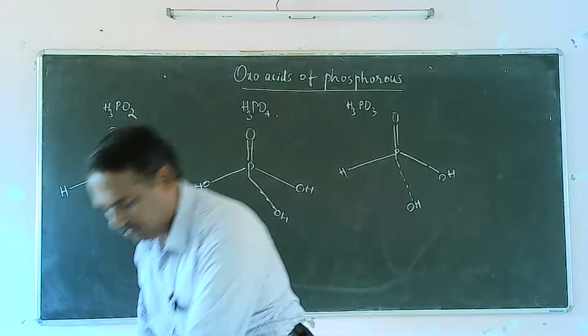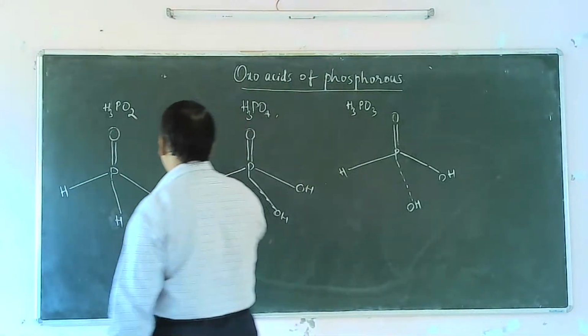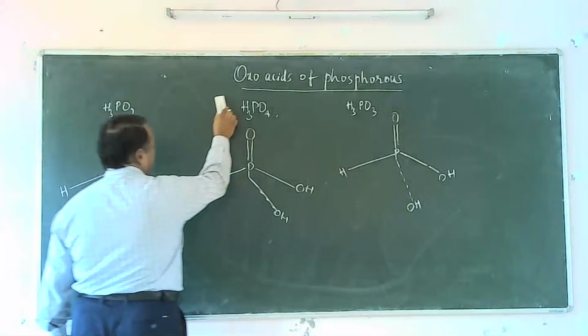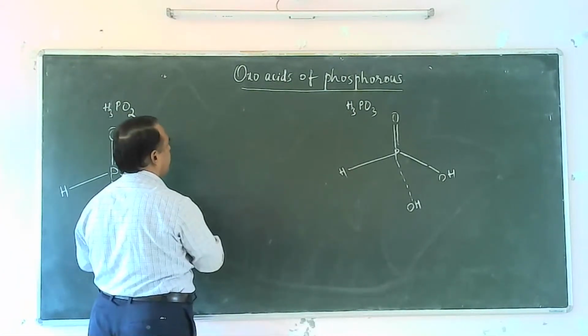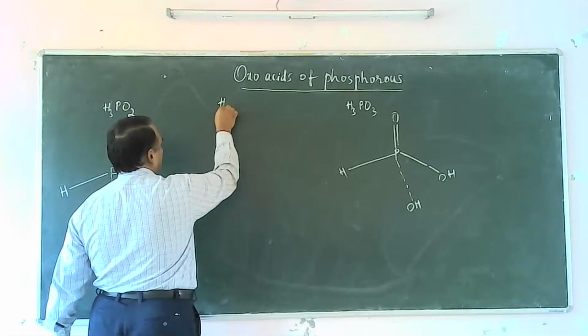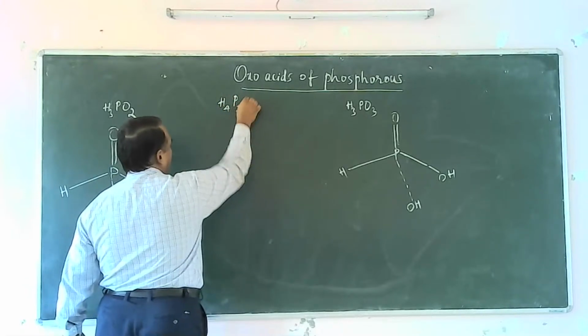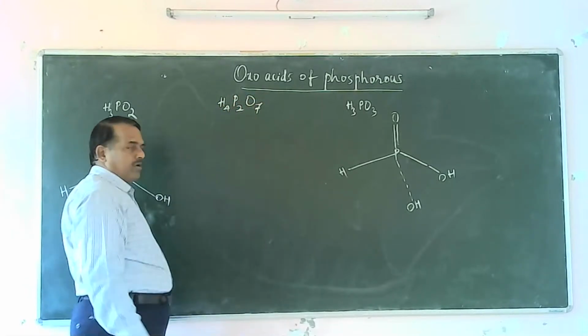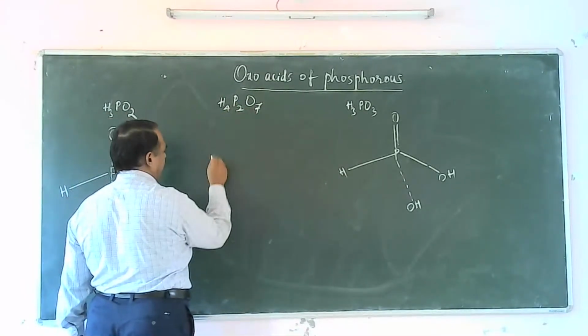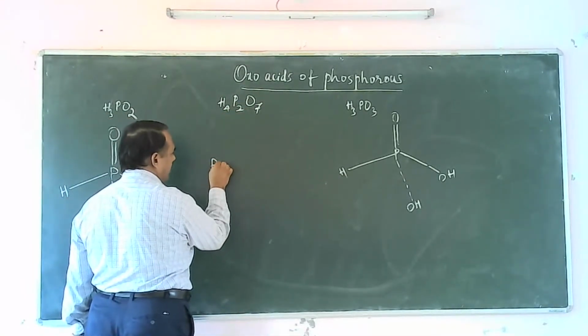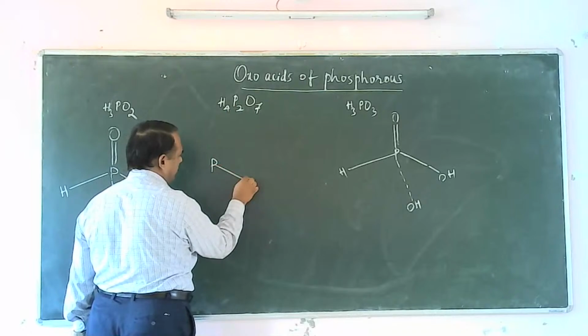Then we have to study pyrophosphoric acid. Its formula is H4P2O7. See here, 2 phosphorus atoms are bridged with an oxygen atom.